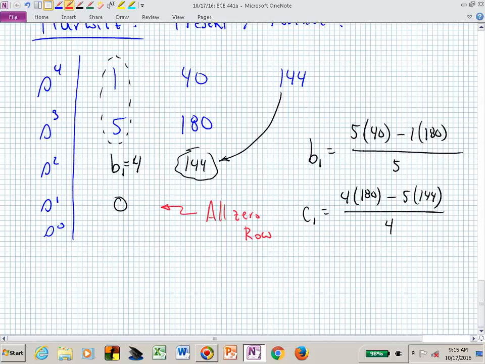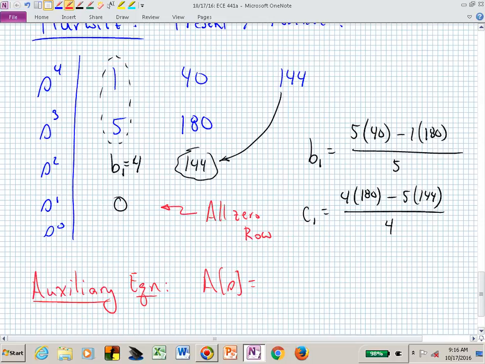And once we have the auxiliary equation, we differentiate it once, and then that result is how we will populate that all zero row. Let me try to write that down. So we have this auxiliary equation. And I'll just say that that's A of S to give us something to refer to. That comes from the row just above the all zero row, and we have 4, 144.